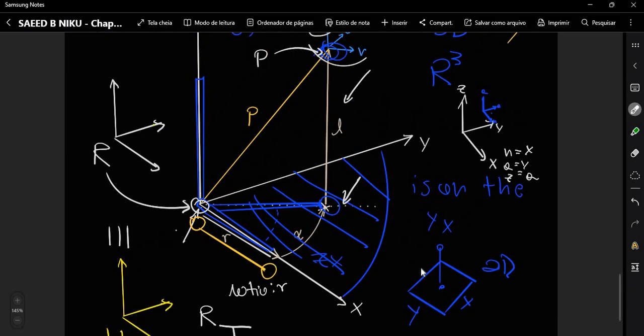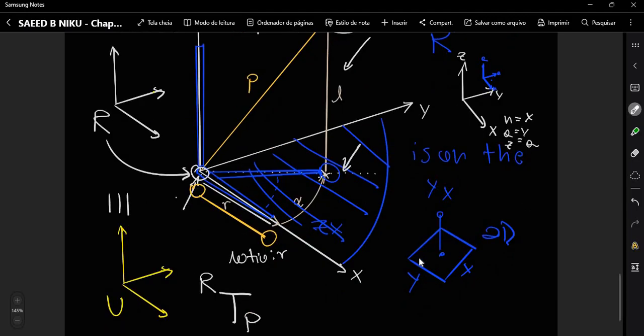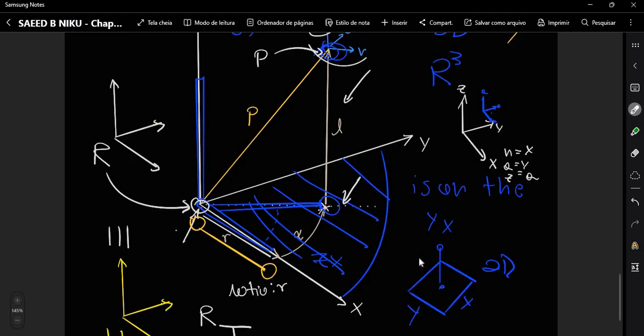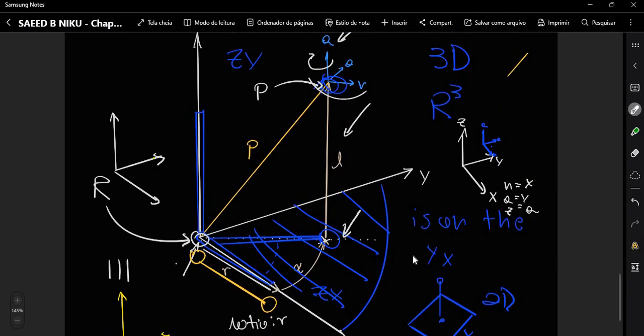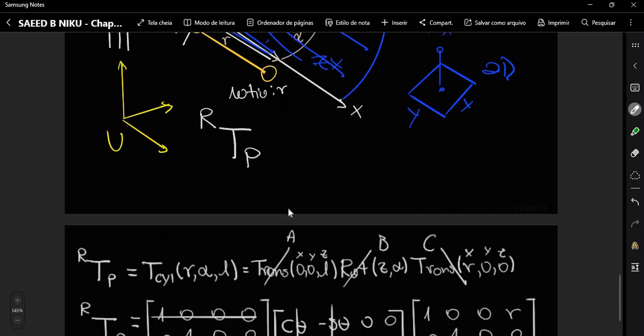And we saw in this drawing that the linear motions, the linear transformations, are R about the x-axis and L, which is in the same direction as the z-axis.